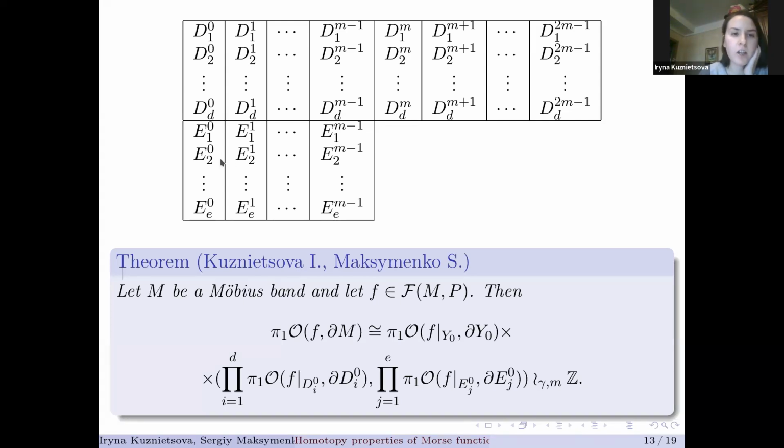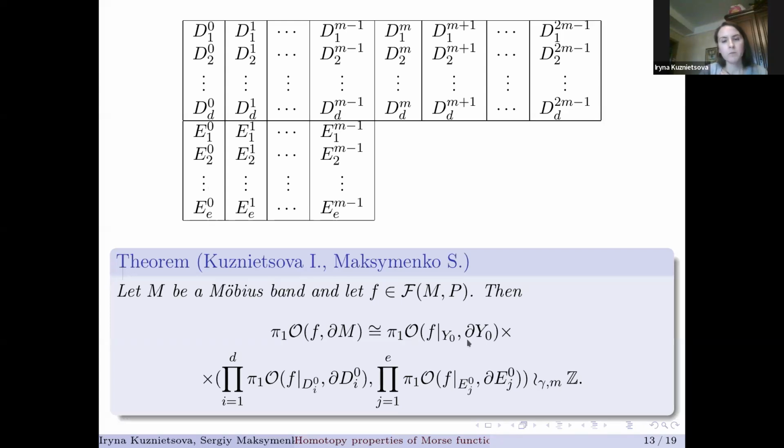In this theorem, these groups G and H are products of groups where we take one disk from each orbit. So G is just the product of disks that don't change orientation, and E those that change.